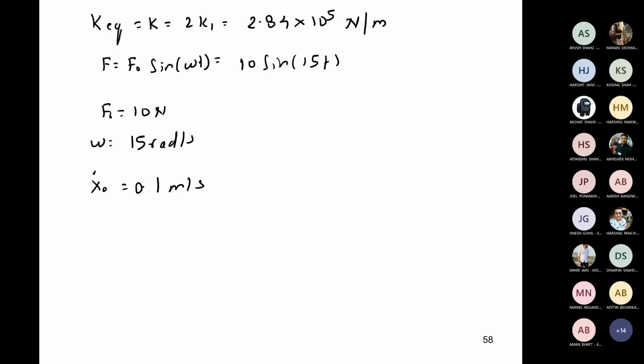Okay. Now in the question there are both the transient and the steady state response. So you have to solve for both the complementary function as well as the particular integral. Okay. So let's start with the complementary function.